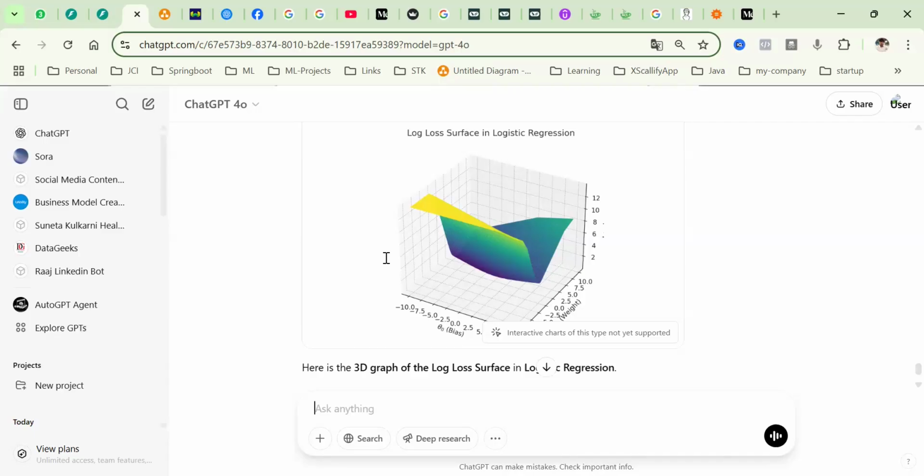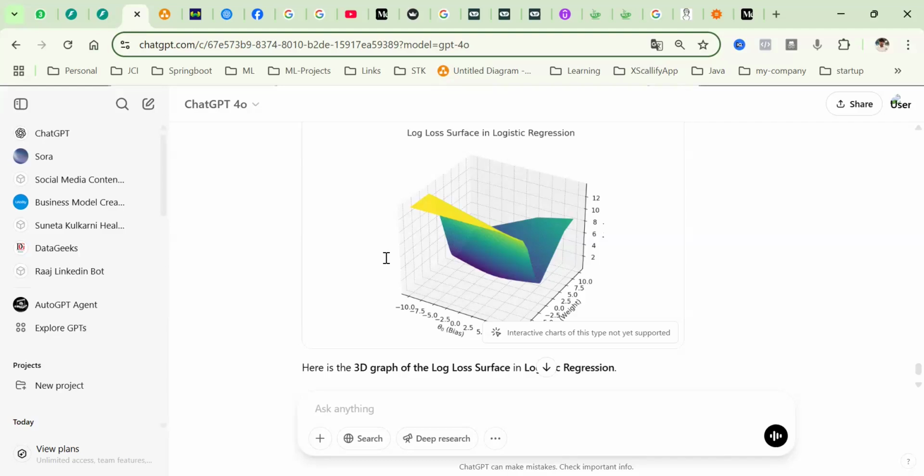Though you will find the minima, your model will not be good, because it will give a lot of misclassification. There can be a lot of errors. So your accuracy, precision, recall, whatever metrics we use, will be pretty bad if you use MSE. That is why we use log loss here.